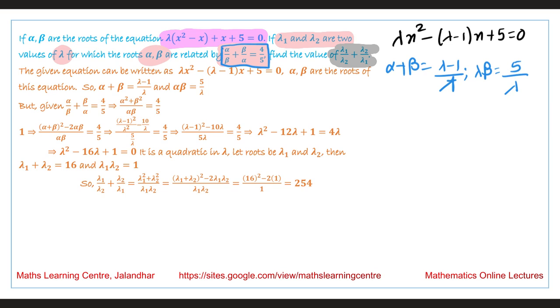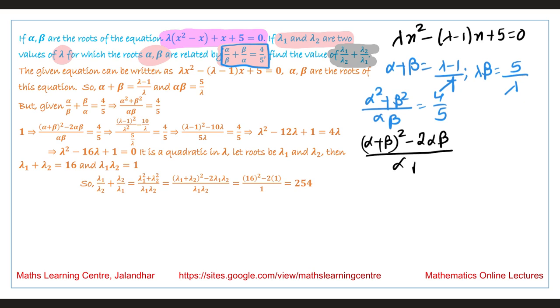So it is given that (α² + β²)/(αβ) is 4/5, and we know that α² + β² we can write as (α + β)² − 2αβ, divided by αβ, is 4/5.